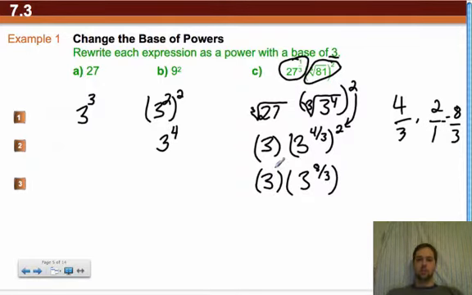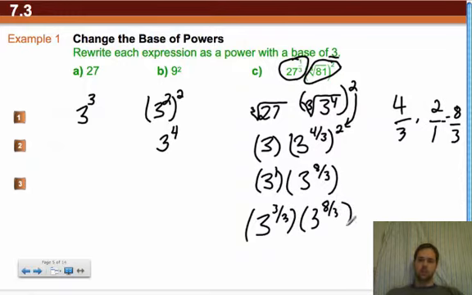This is essentially 3 to the 1. Now 1 with a denominator of 3, we're just finding a common denominator. This one can be written as 3 to the 3/3, times 3 to the 8 thirds. Now the reason we get a common denominator is that we're going to have to add these exponents.